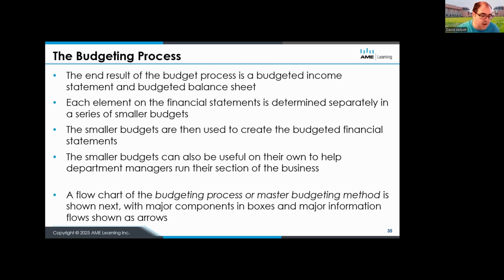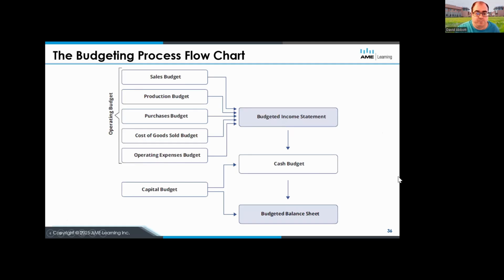It's also in your book at the top of 233, with major components in boxes and major information flows shown as arrows. So we see the different parts of the budget: there's the operating budget, and then you also get the cash budget, and you see how it flows.